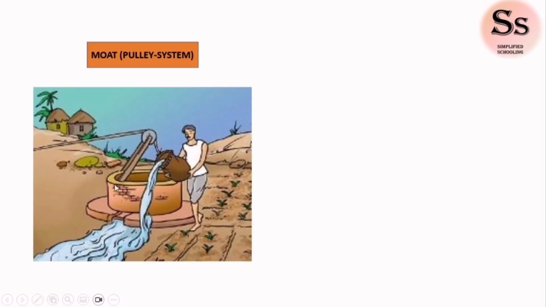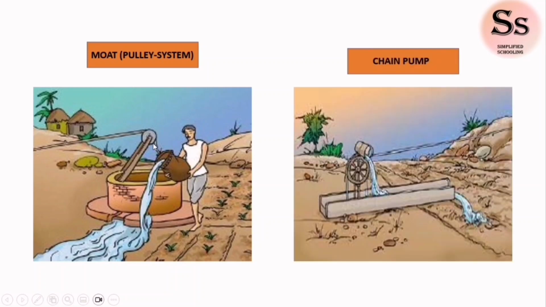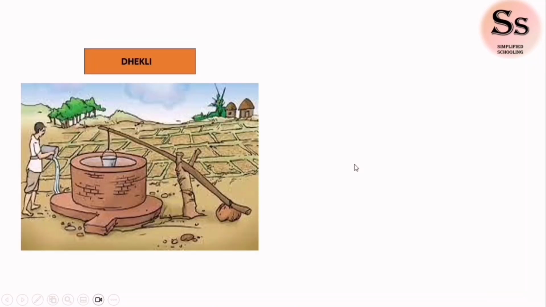So now let's summarize all the traditional methods of irrigation. The first is a pulley system of irrigation, and in this method a rope and pulley is used to draw water from the well. The second is the chain pump, which consists of two large wheels connected by a chain, and the wheel is turned in order to collect water. Third is the dhekli, and in this method a rope and a container is used to get water from the well.